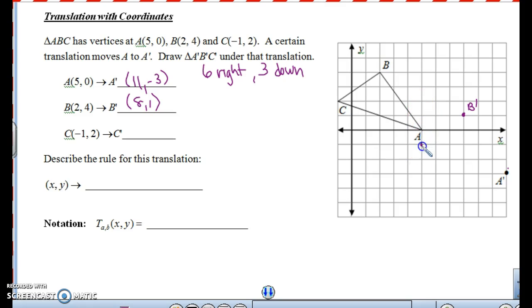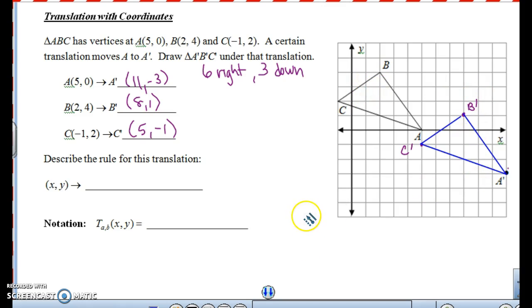C prime ends up here, and that is at (5, -1). And if I draw my triangle A prime, B prime, C prime, I have moved every single point exactly the same way, horizontally and vertically. And you can see that my triangle has slid 6 to the right and 3 down to end up where I am.